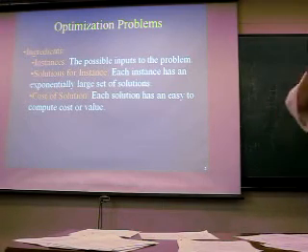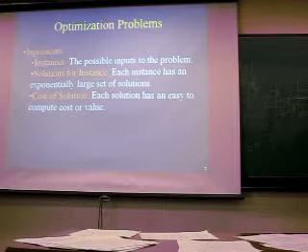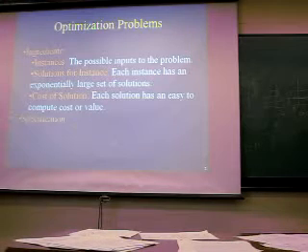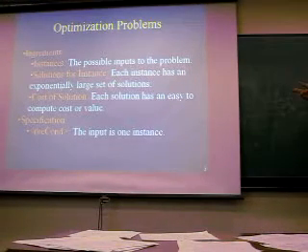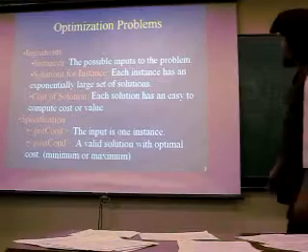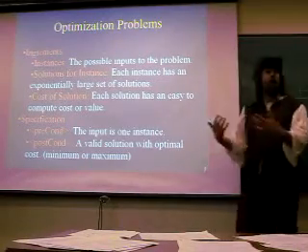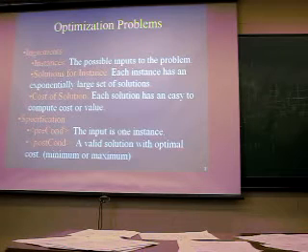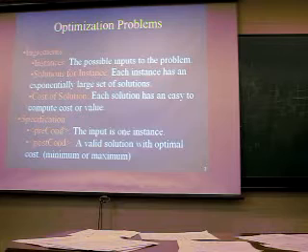So if I told you, here's an instance and here's a possible solution, you could really quickly tell me what the cost of that solution was. And the goal is, given a particular instance, to find a valid solution with optimal cost, right? So you're either trying to find a solution with minimal cost or maximum cost, depending on the game. Everybody kind of get what we're doing here?